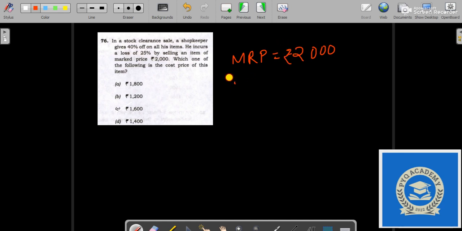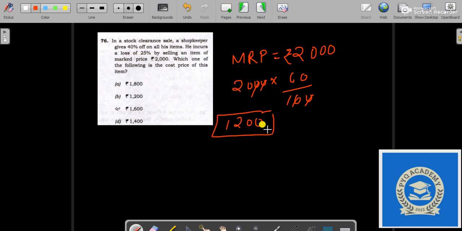He gave 40% discount, that means he sold the item at 60%, so it will be 1200. He sold the item at 1200, but he incurred a loss of 25%. That means this is 75% of the CP. So we have to find the CP.